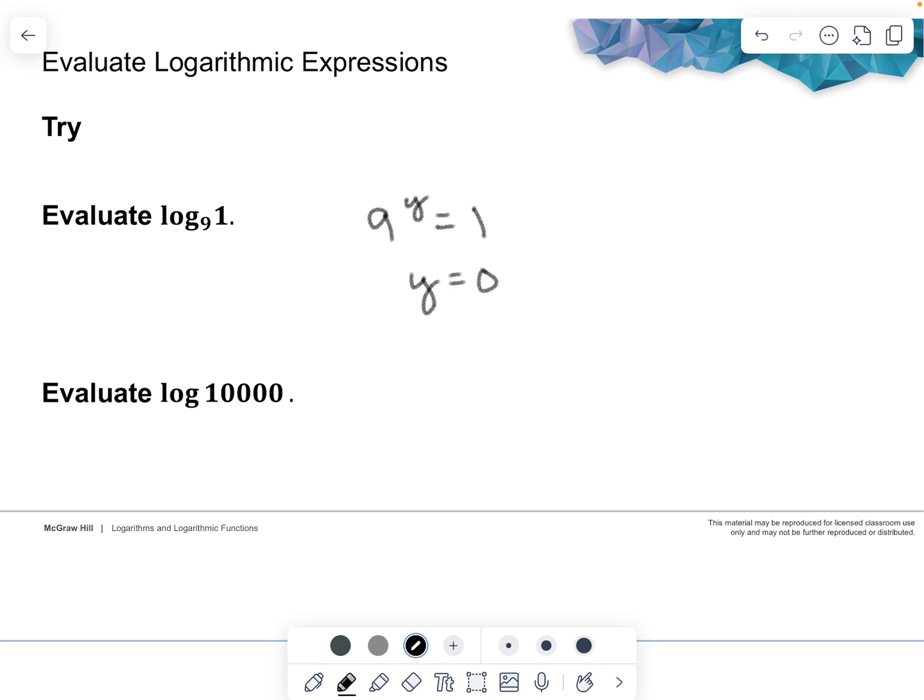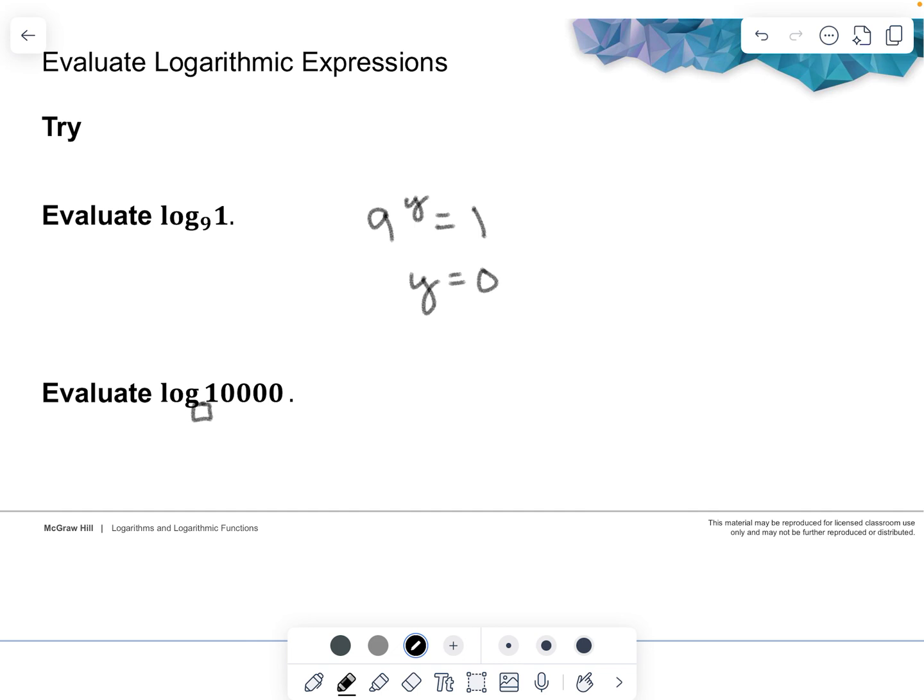On the first one, 9 raised to what power would give me 1? Well, I know that anything raised to the 0 power is 1. And the second one might stumble you a bit because if you notice, there's no base down here. And when there is no base, it is called a base 10, a common logarithm, which we'll have a lesson on.